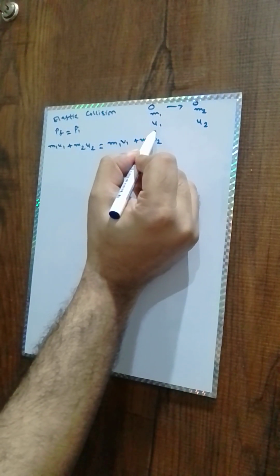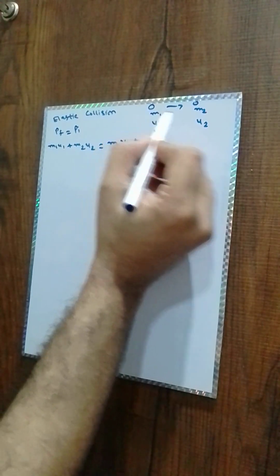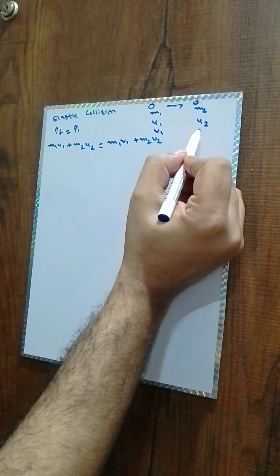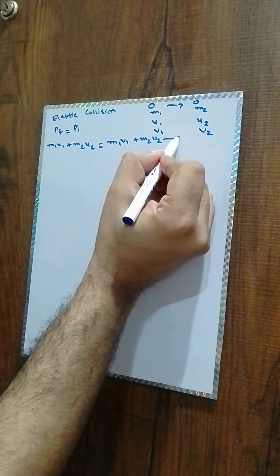And after collision, m1 has u1 then v1, m2 has u2 then v2. Okay, equation 1: m1 u1 plus m2 u2 is equal to m1 v1 plus m2 v2.